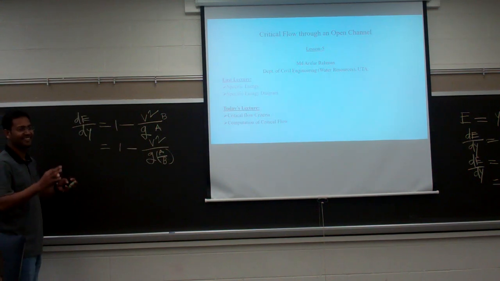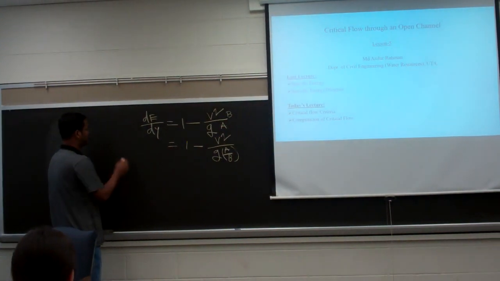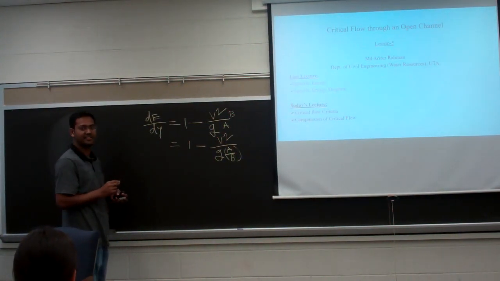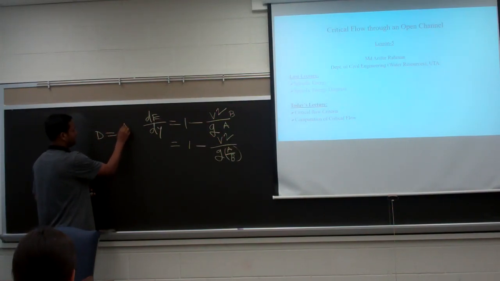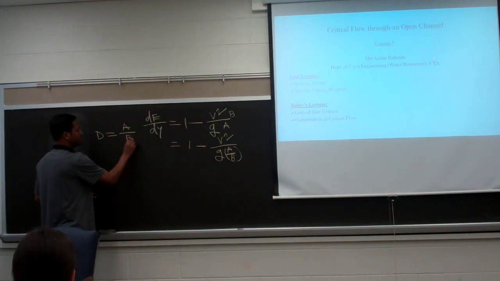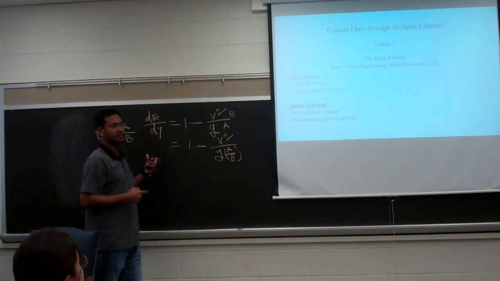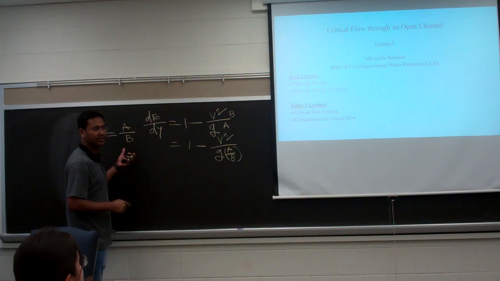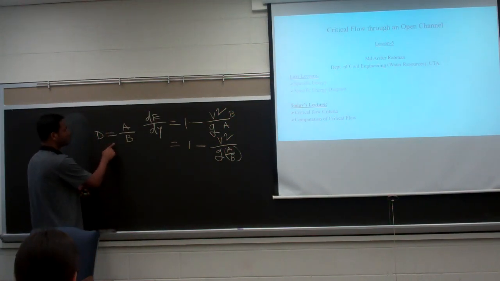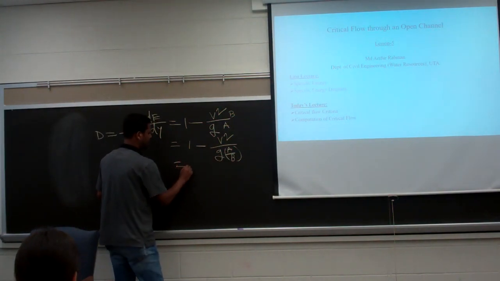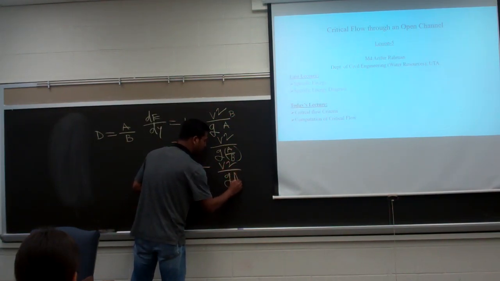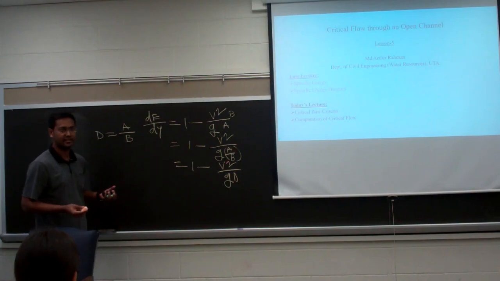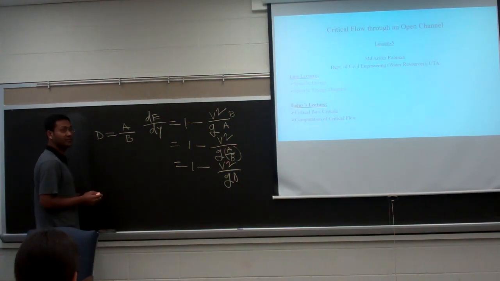right? And we know the definition of hydraulic depth. In the previous lecture, we defined hydraulic depth as the ratio of cross-sectional area to the top width, right? For this case, it is B. Bottom width and top width for a rectangular channel section are the same. So I can replace this thing here, V squared divided by g and D. And from the previous lecture, we also know the definition of Froude number.